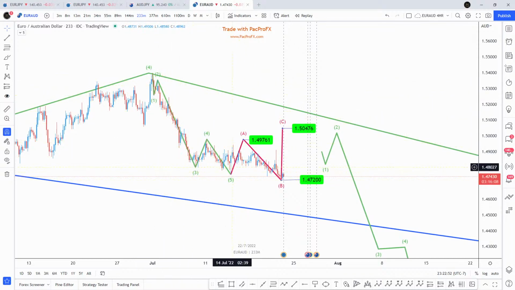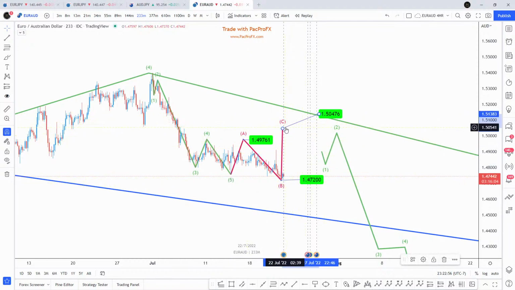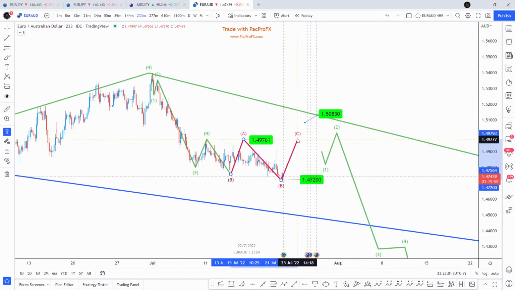Oh, okay, so this is A, B, and C. It may not be doing a complex correction. It may be just doing a regular correction. But the C wave is going to be shorter, so probably only up to there. But if you got in here, then you have a possibility it's going to go back up to here. You can break even or make a little bit more to cover your trade. But I think it's going to be coming up to here.